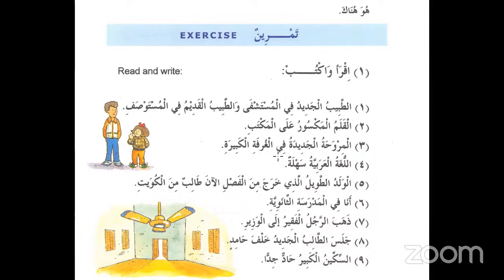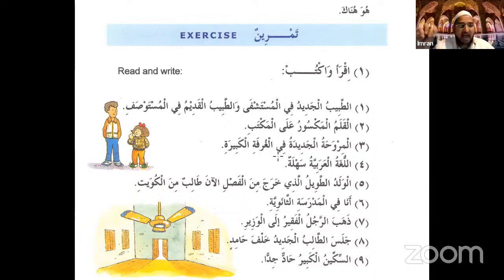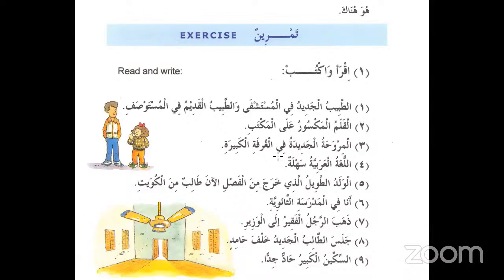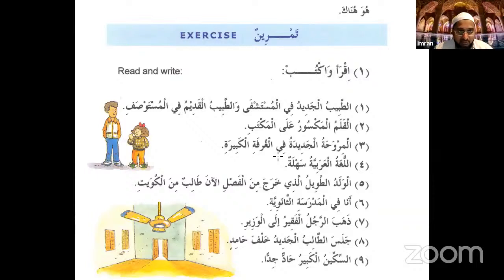So you see, adjectives can come sometimes as the mubtada, sometimes as the khabar, and sometimes they come with the preposition as well. Al-marwahatul jadidatu is the mubtada and fil ghurfatil kabirati is the khabar. Excellent.